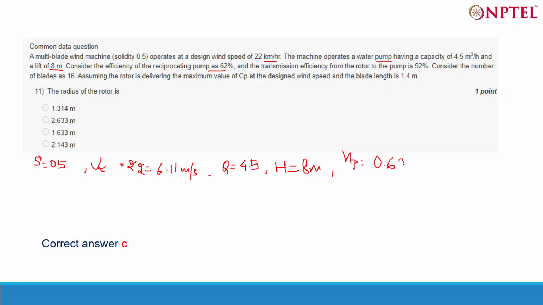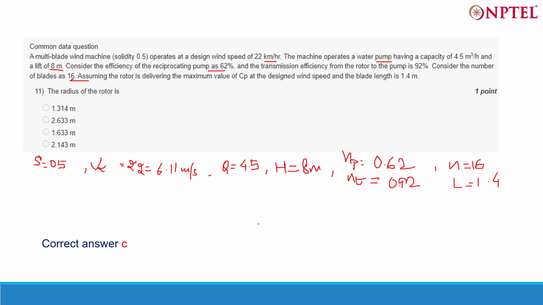This is given, and then eta T is the transmission efficiency, that is 0.92, and the number of blades as 16. So don't confuse eta with n: this is eta, not n, and this n is the number of blades. And then the length is given as 1.4.